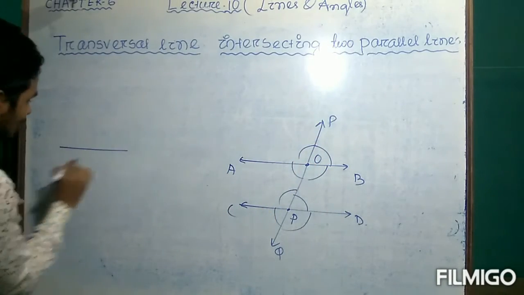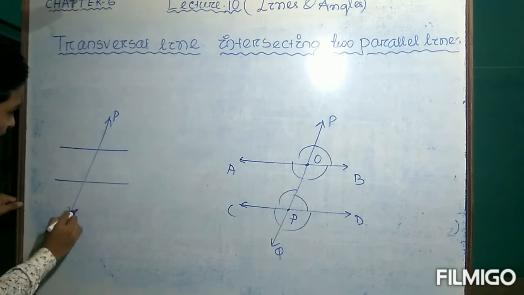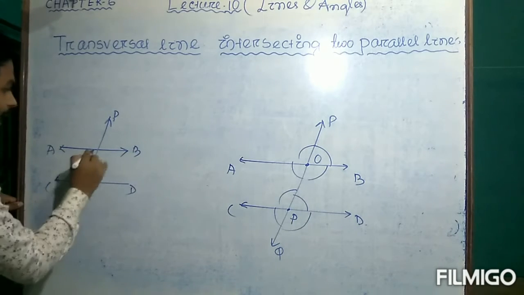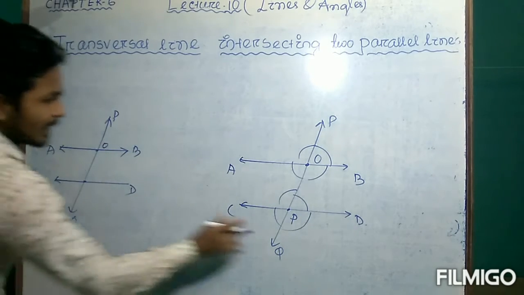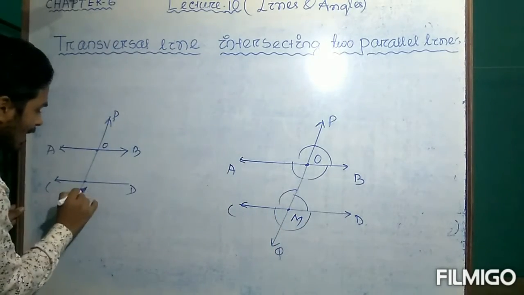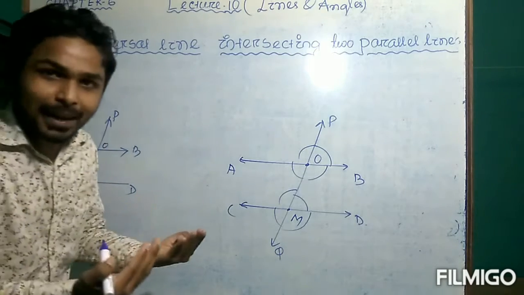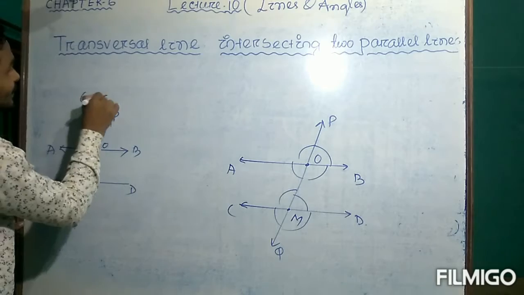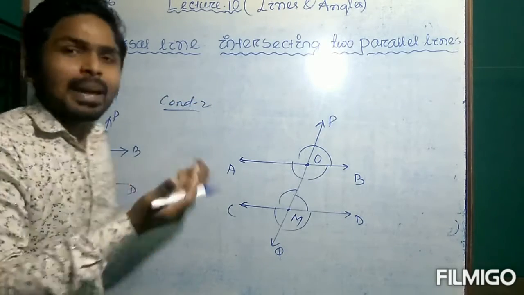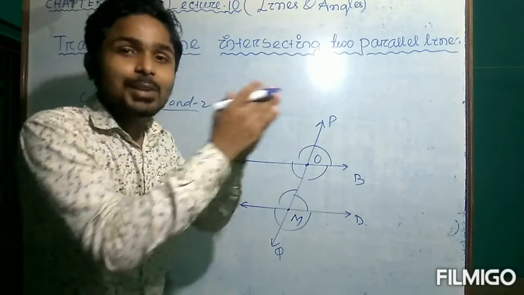See, whenever the line PQ intersects two lines AB and CD at two distinct points O and, sorry, this is not P, this is M, at O and M, then two conditions arise. First condition is that these two lines may be parallel, and the second condition is that these two lines may not be parallel. They are not parallel means what? They will meet each other at some point.